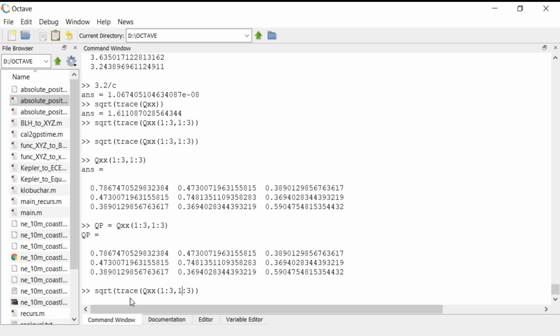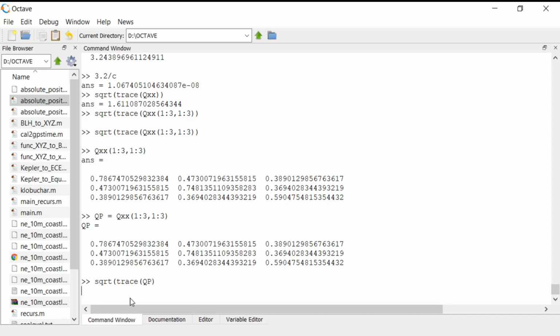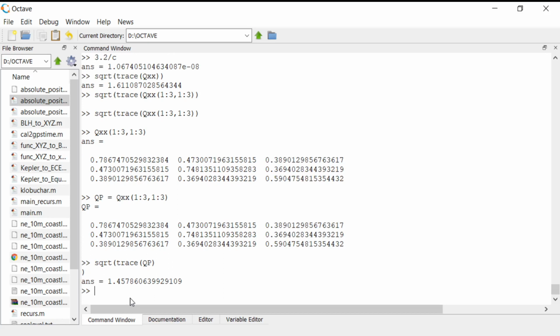Let's now take the trace of this new matrix QP, and this number is called the position dilution of precision. The first one, if we add up all 4 diagonal elements, we obtain the geometric dilution of precision. But if we take the first 3 diagonal elements, the x, y, and z components, we get the position dilution of precision.